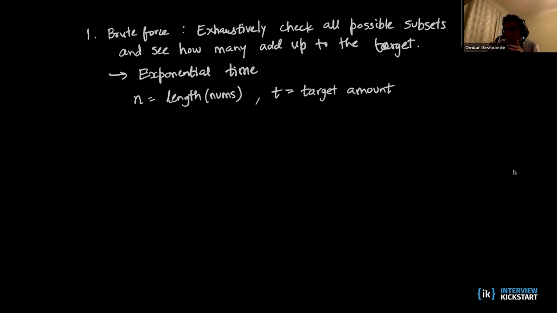But even if we had to either include it once or exclude it, there would be two choices for each coin, and so there would be 2 to the power n different subsets. So clearly the number of subsets is greater than 2 to the power n here. And so trying each of them out is definitely going to result in a time complexity that is exponential in n.